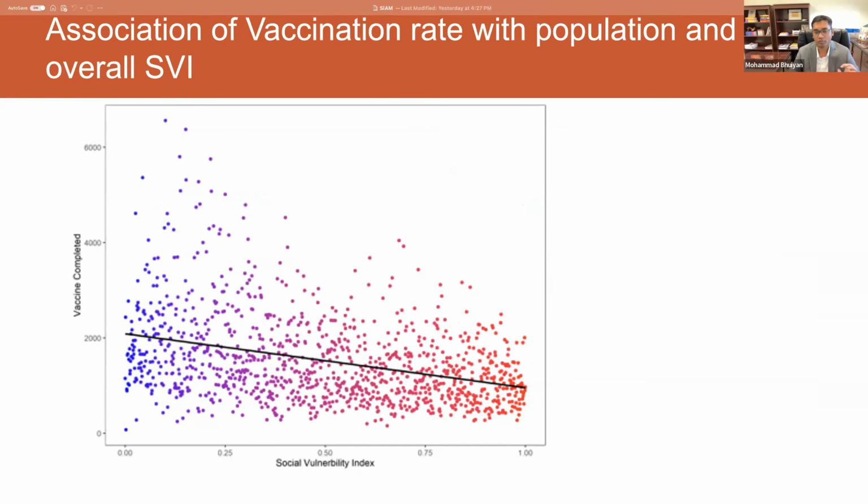So this is the overall, based on those 4 themes, we generated an overall social vulnerability index and vaccine completed. If we go through the x-axis, as I said, when people are towards 1, that means they're more vulnerable. When people are towards 0, that means they're more facilitated and rich people. So you see that in the regions where people are more poor, the vaccination gets lower and lower. There is a clear negative association.